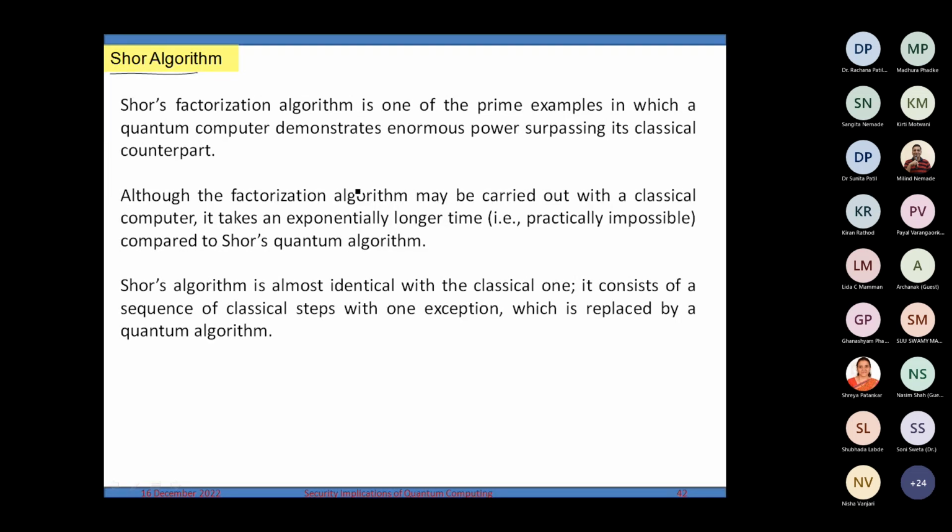Shor's factorization algorithm is one of the basic examples demonstrating the quantum computer's potential. It is able to solve a problem a conventional or classical computer is not able to solve. The Shor algorithm is demonstrating the ability of a quantum computer to solve a particular problem.